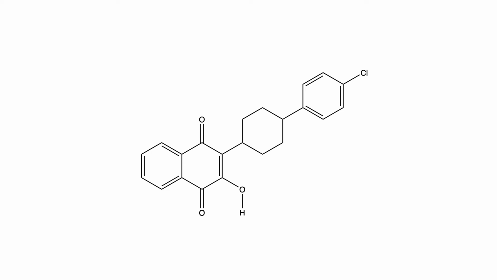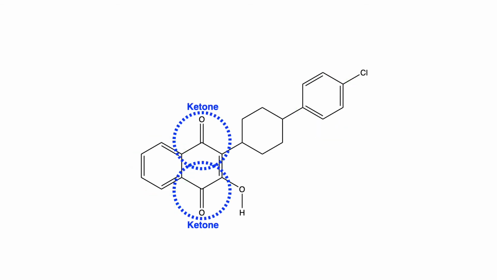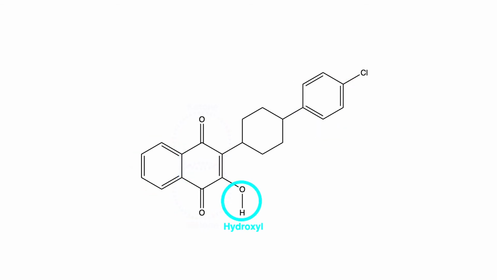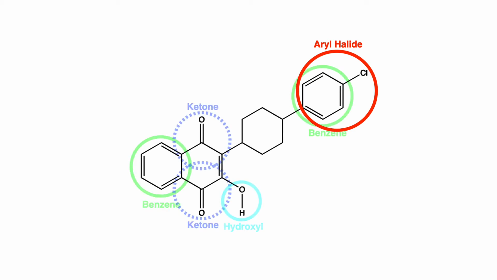What we can see immediately is that this molecule contains rings, ketones, hydroxyl, and an aryl halide. These 4 functional groups make up the majority of an Atovaquone molecule.